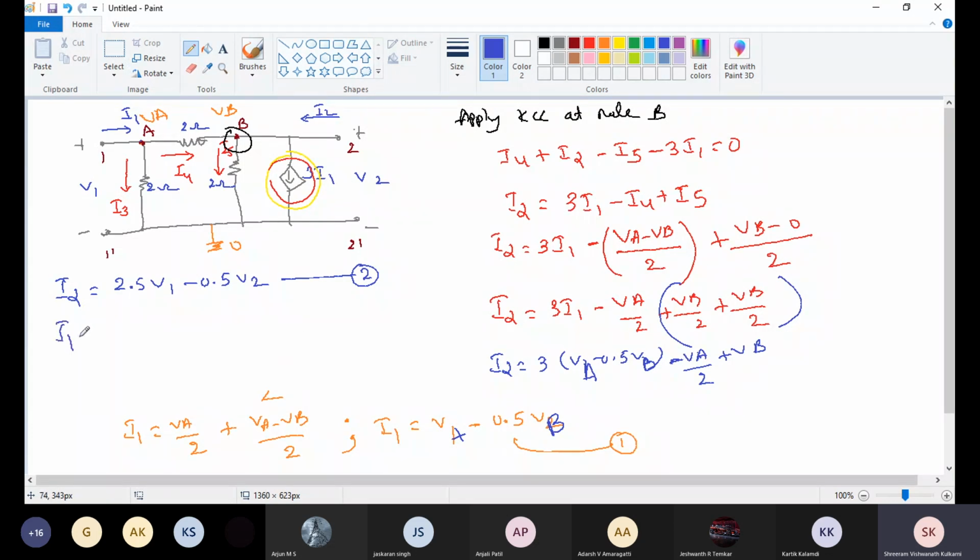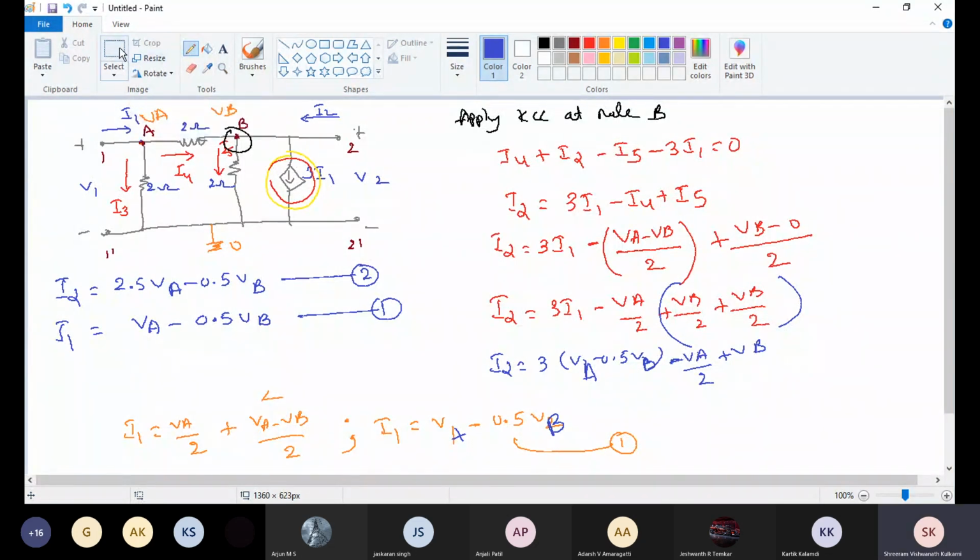Now I have I1 equals VA minus 0.5 VB. This is equation 1.